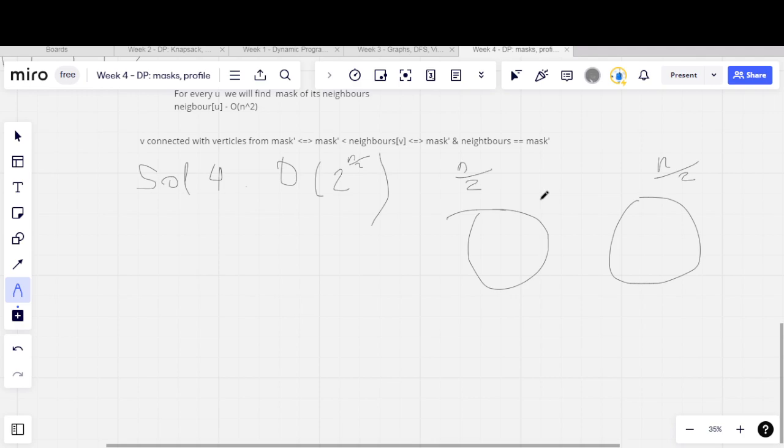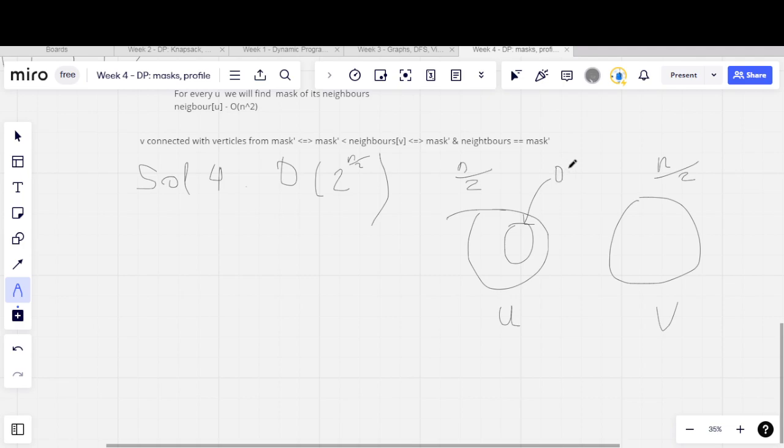So we consider what idea? We have U and V graphs, and we want to find this clique. We find the maximum clique in this graph, all the cliques in this graph.